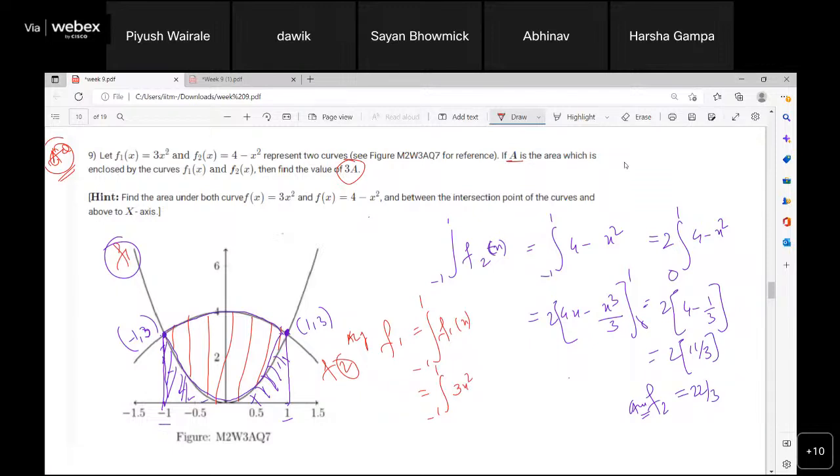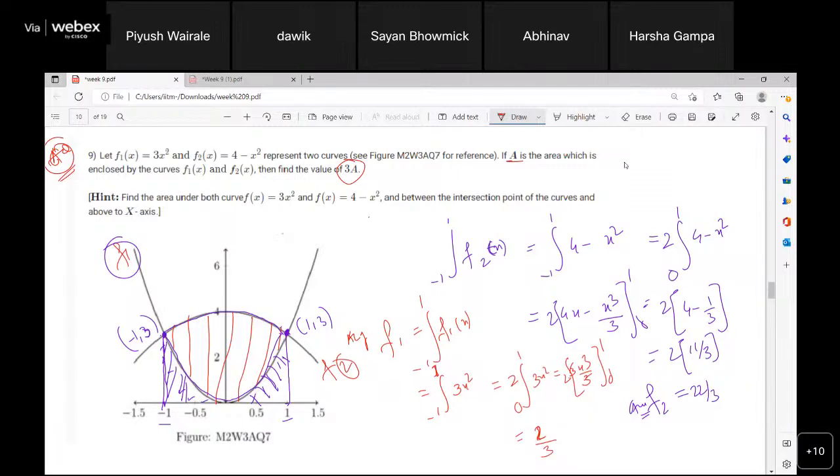It is again an even function, right? So I can write it as twice the integral from 0 to 1 of 3x square. So it will be 3x cubed by 3, from 0 to 1. So 3 will get cancelled. So 2 by 3 will be the answer, right? 2 by 3, correct?